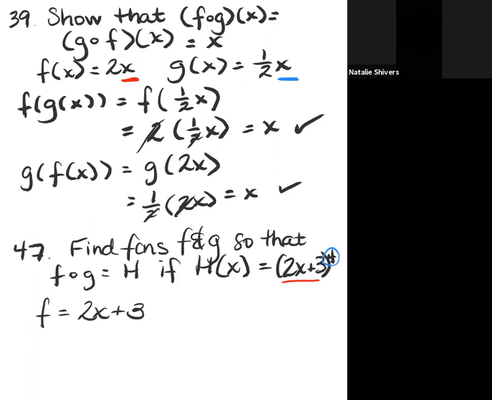So we can't just put 2x plus 3 to the fourth. We have to worry about some variable to the fourth power. And so what we're going to do here is we're just going to make this g equals, and we're going to set up, again, we need to make sure it's the same variable so that when we compose them, we're just going to break the whole parentheses down to an x to the fourth power.